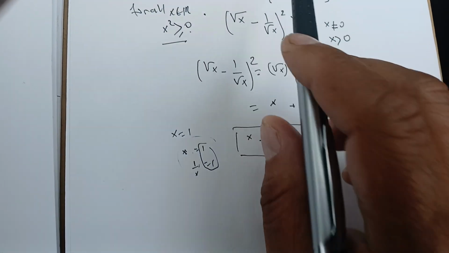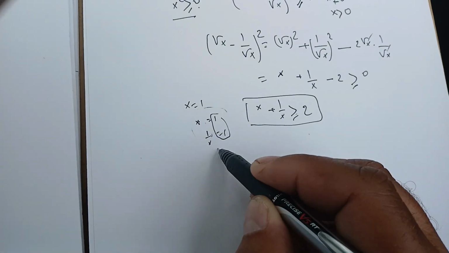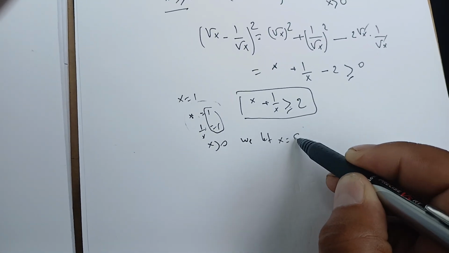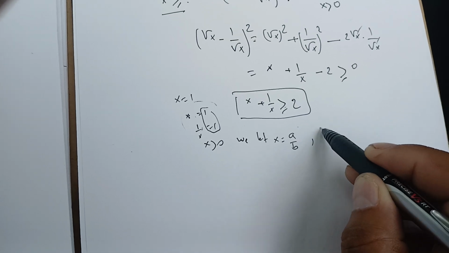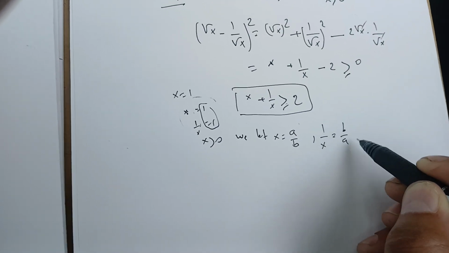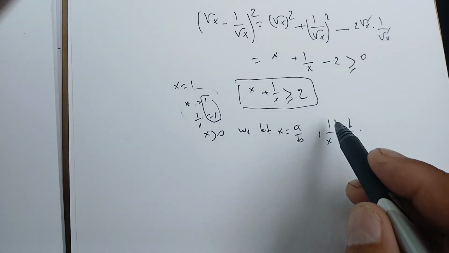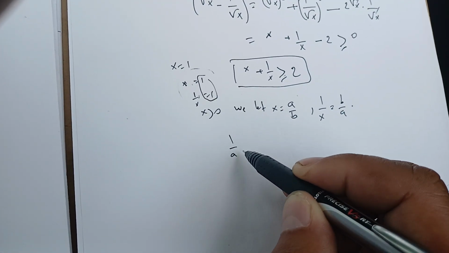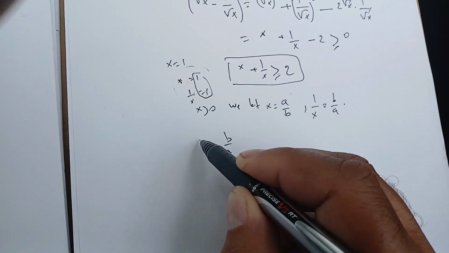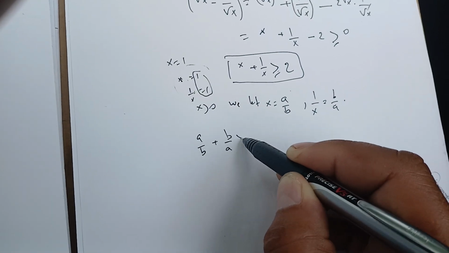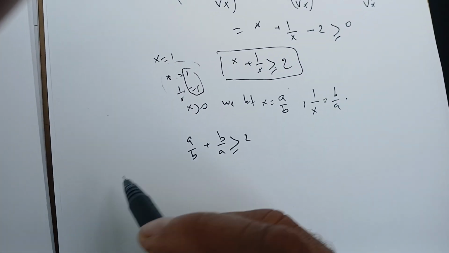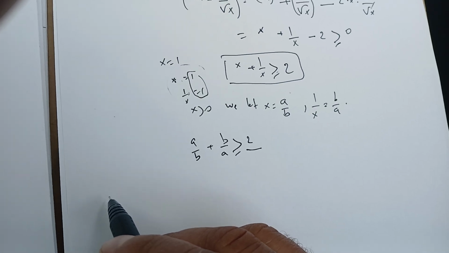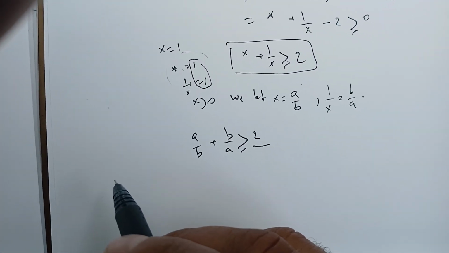For our case, since x is positive, we let x equal a over b, and therefore 1 over x is b over a. So a over b plus b over a is greater than or equal to 2. So what's the minimum value? The minimum value is 2. This answers our question.